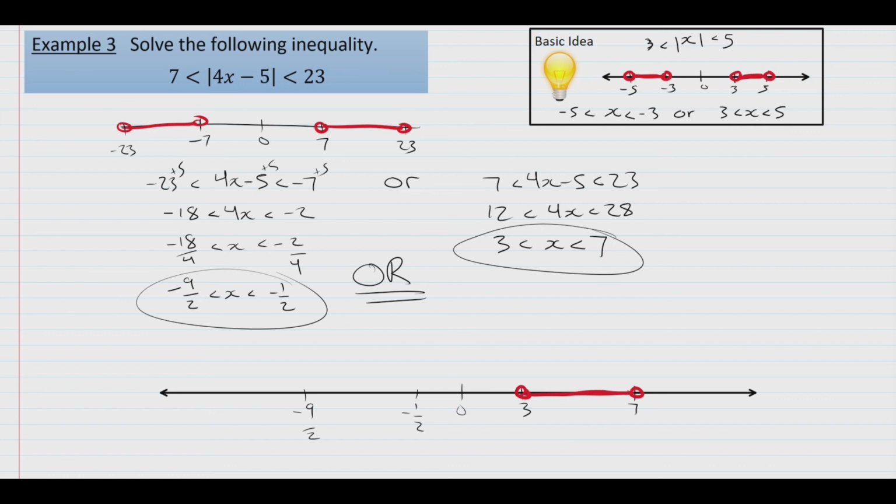Okay, so that would look like this. All right, and you can have either or. So to state your final answer for this question, we would say, therefore, the x value has to land between negative 9/2 and negative 1/2, or x could be between 3 and 7. And that's the final answer.